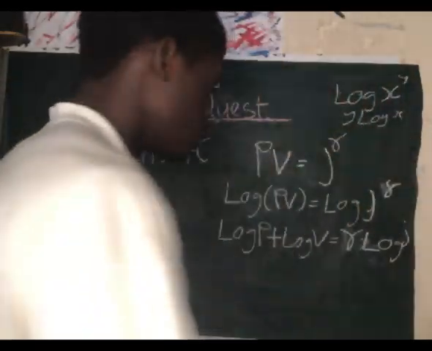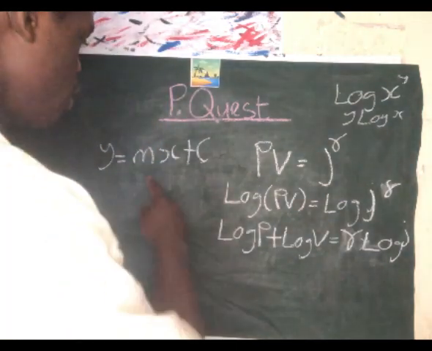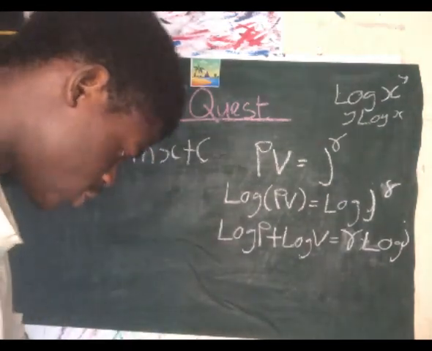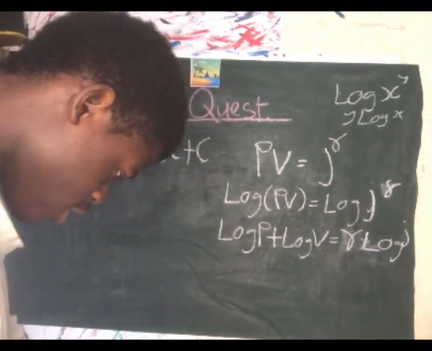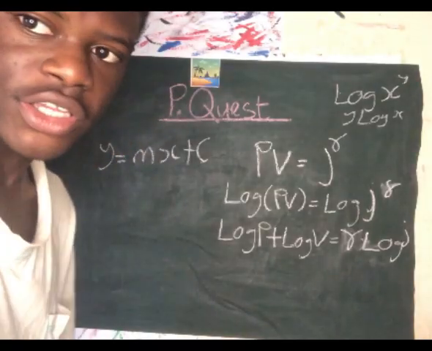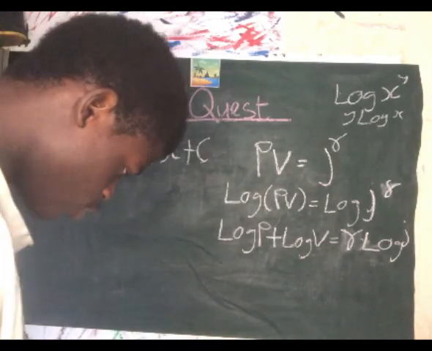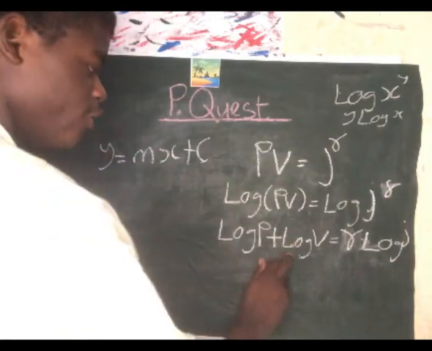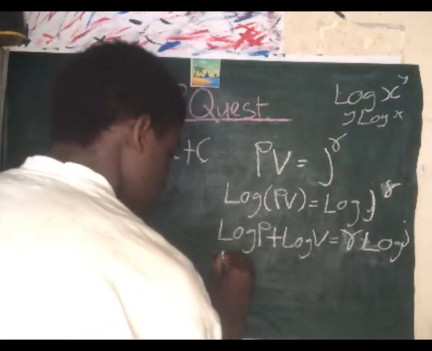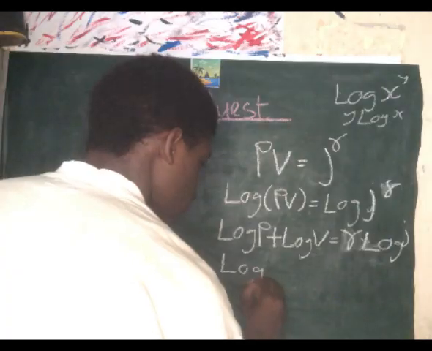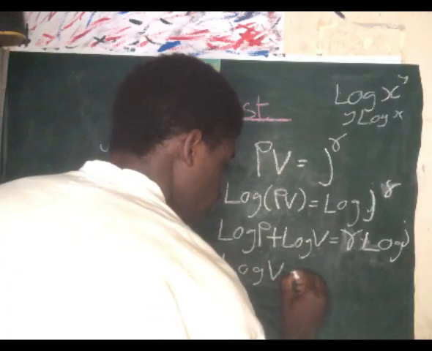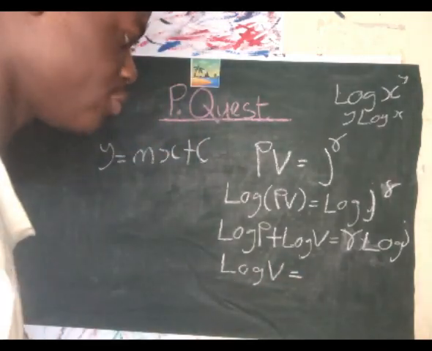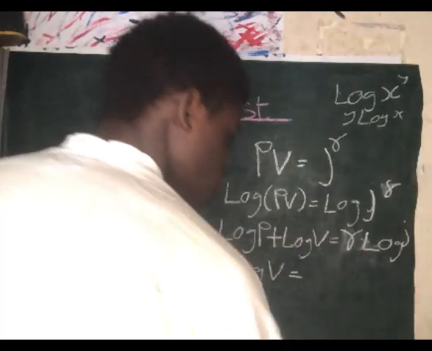So let's go. They said the graph of log V is plotted against log J. That means log V will be on the y-axis, and log J will be on the x-axis.